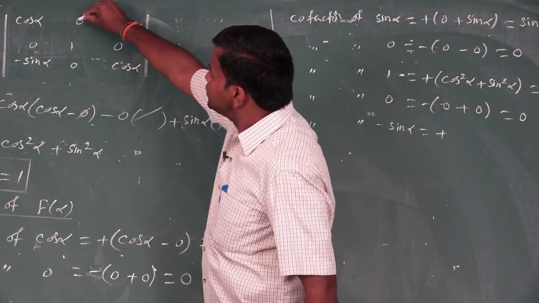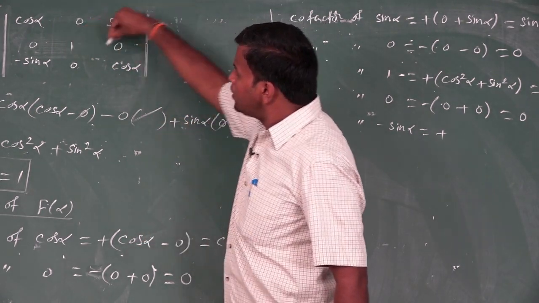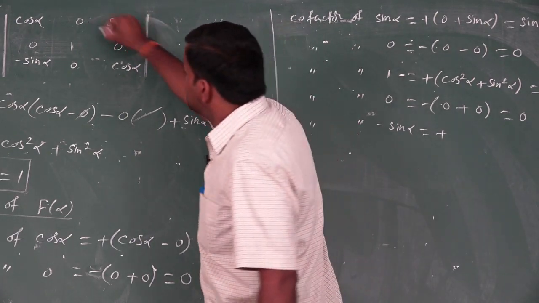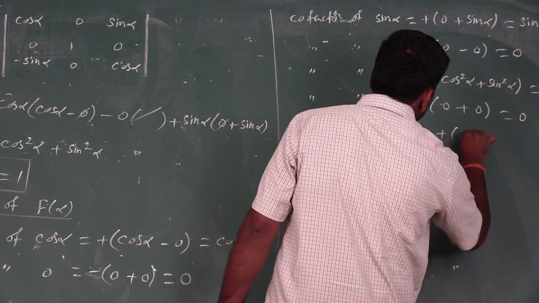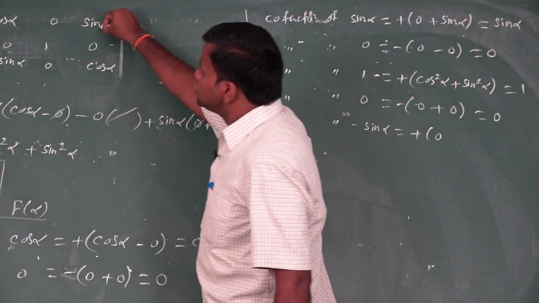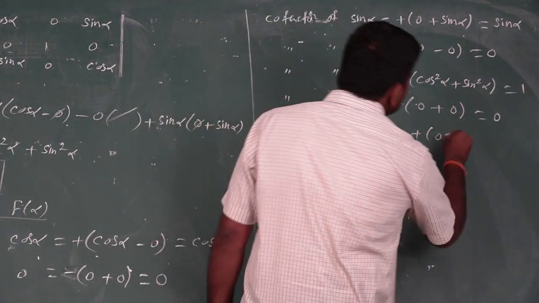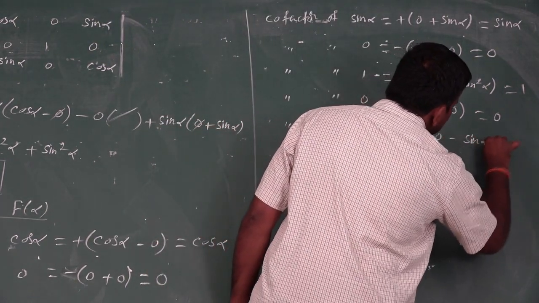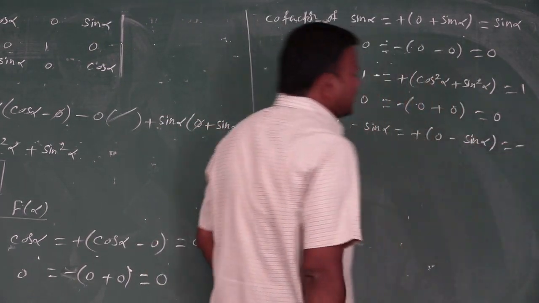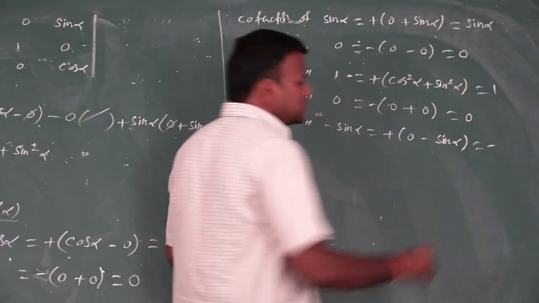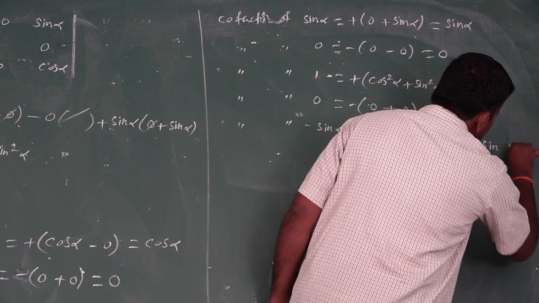What are the remaining elements? 0, sin alpha, 1, 0. First we multiply the leading diagonal elements. 0 into 0 is 0. We multiply these two elements with a minus sign. 1 into sin alpha is minus sin alpha. So the final answer: plus, we leave 0. Plus into minus sin alpha is minus sin alpha.